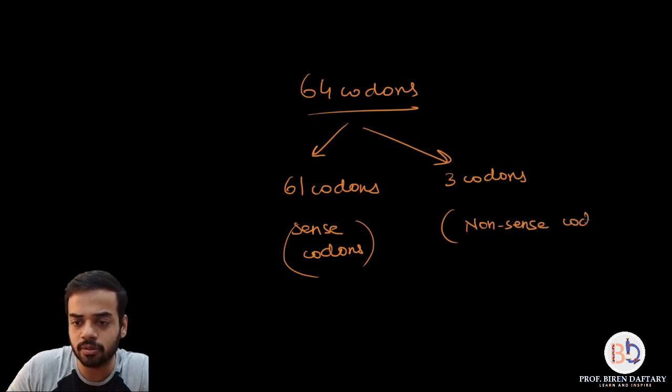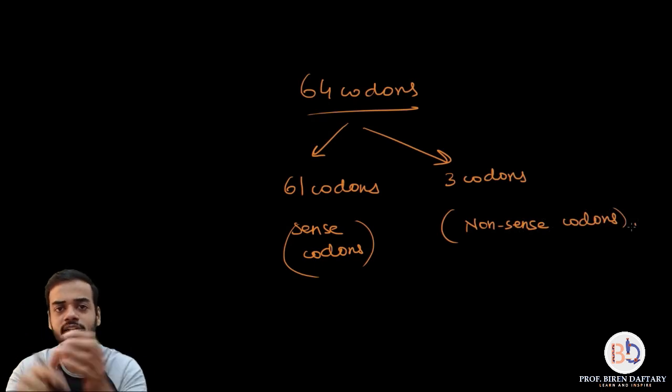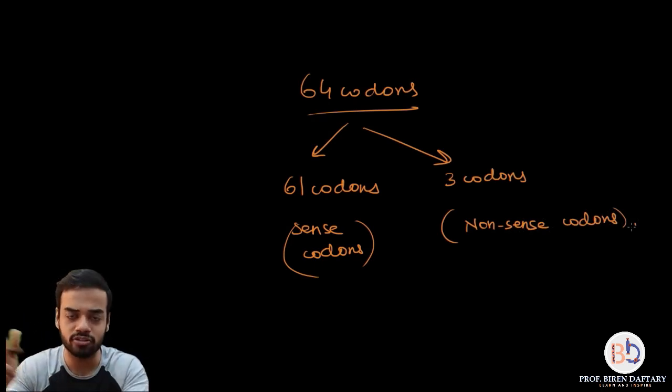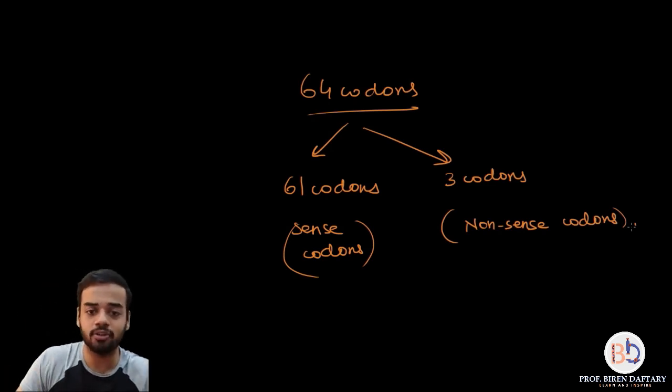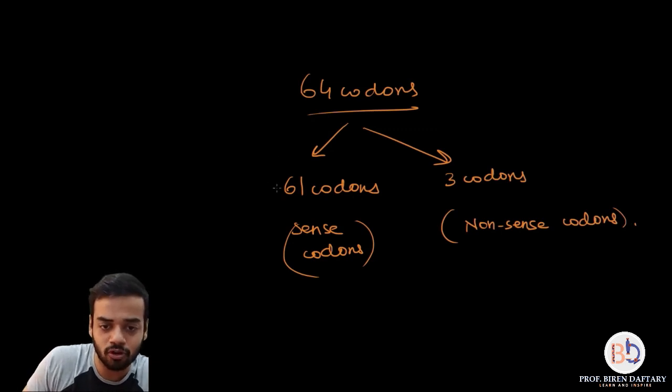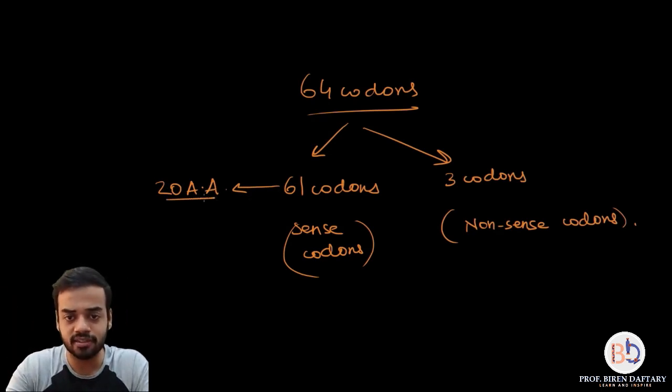If you remember the structure of the mRNA, the stop codons UAA, UGA, UAG, all those 3 are nonsense codons. Apart from them, all the other codons are called sense codons. Those 61 codons will form how many amino acids? They will form 20 amino acids. So this part is clear.